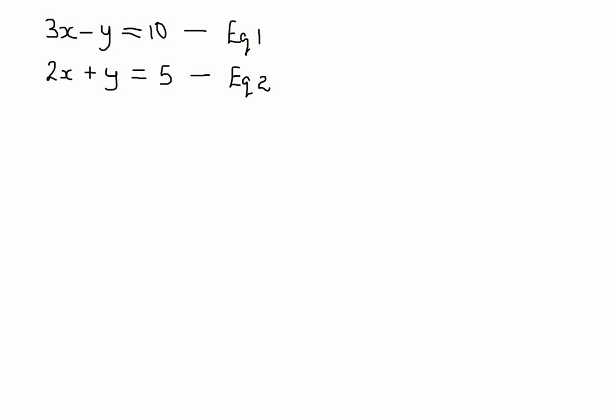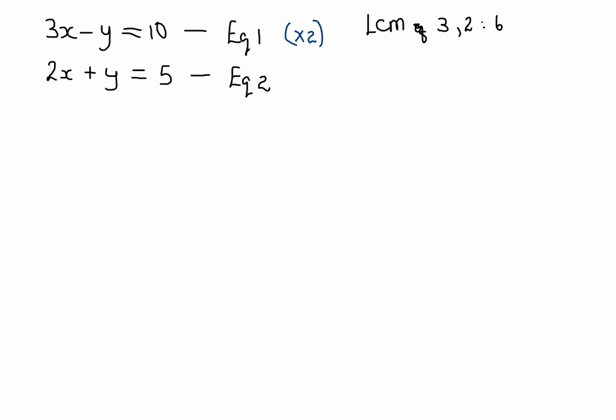So let's start off first of all. We know that the LCM of 3 and 2 is 6, right? And in my first equation, I have a coefficient of 3. So what would I multiply 3 by so that I would get 6? In this case, I would multiply by 2. So I'm going to multiply all of equation 1 by 2.